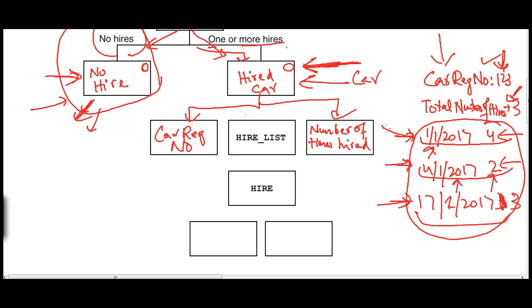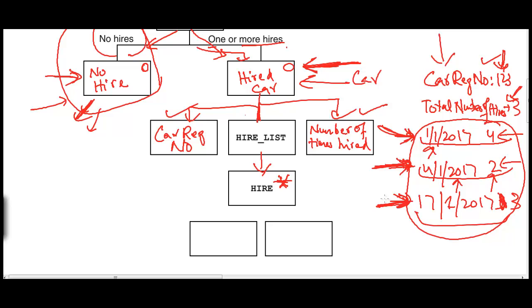We're going to have several of these, because several transactions could have taken place. So the hire list will include several of these hire transactions. For this car which was hired this many times, we are going to have multiple instances of these.